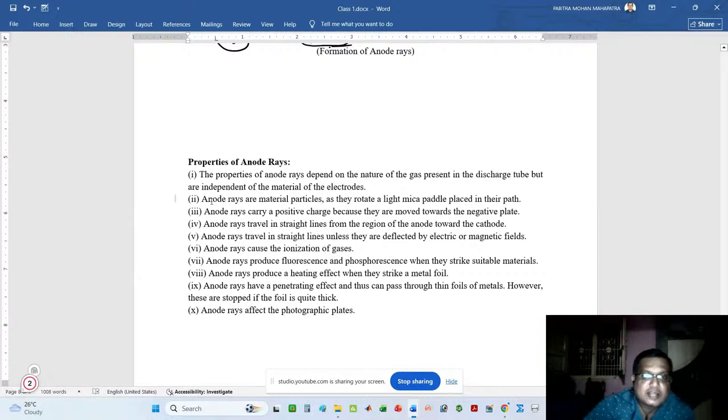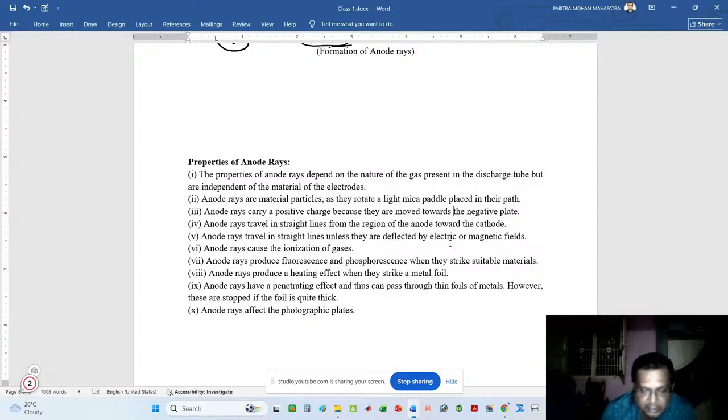Like the cathode ray, anode ray also shows particle nature. That means they are material particles, because like the cathode ray, they also rotate the light mica paddle placed in their path. Next, anode ray carries positive charge, because the ray moves towards the negative plate. The ray starts to flow from the back side of the perforated cathode, and it is opposite to the cathode ray.